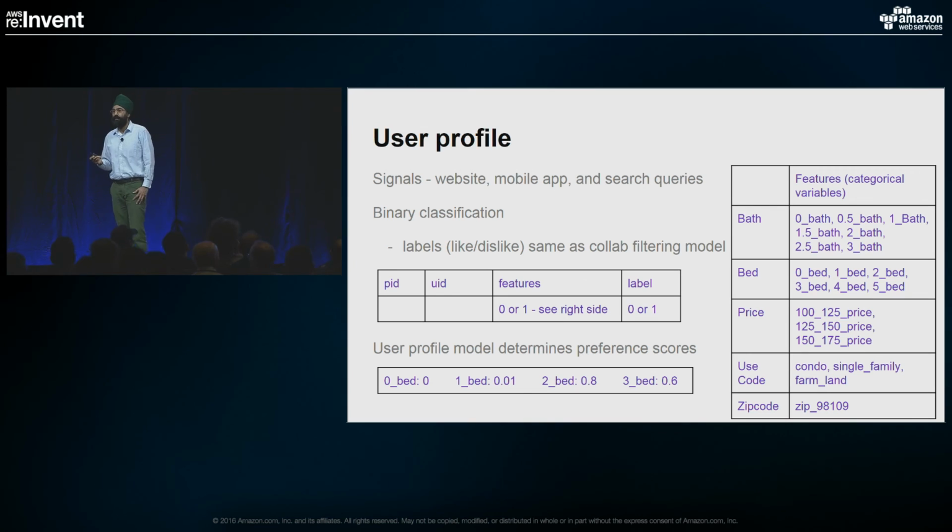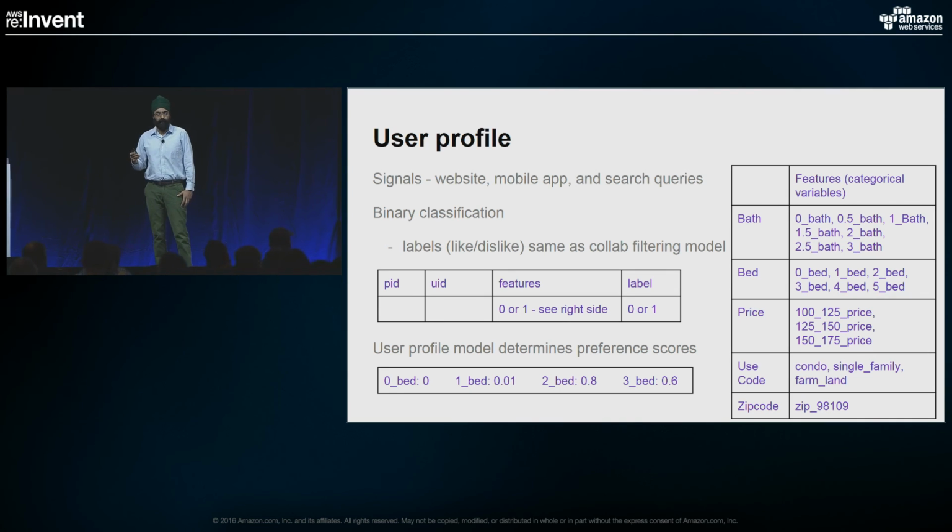If a property is a 2-bathroom, then it's not a 0 bath or 0.5 bath; those will be set to 0. And as I mentioned before, on the bottom here you have the bedroom features. In this user profile, the scores are between 0 and 1, and this user likes a 2-bedroom and also likes 3 bedrooms, but doesn't like a studio or a 1-bedroom. Your model, again a gradient boosted classifier, outputs these scores per user.